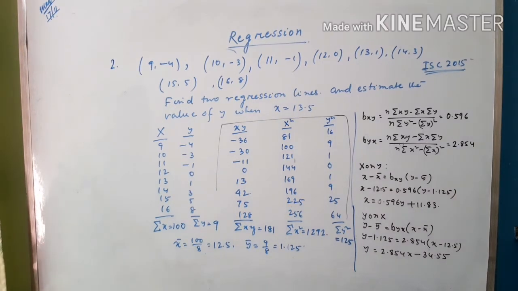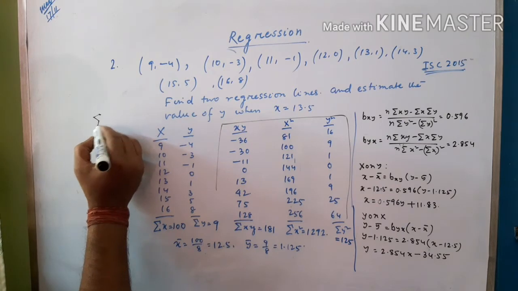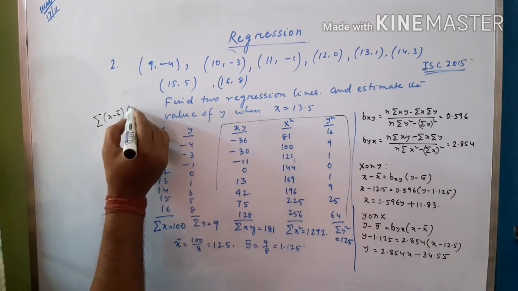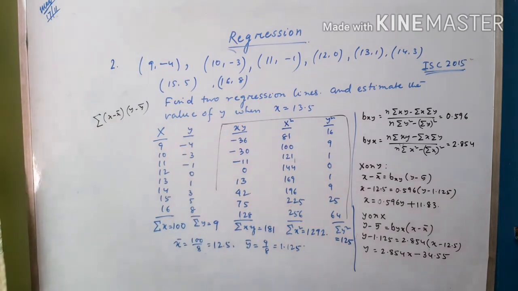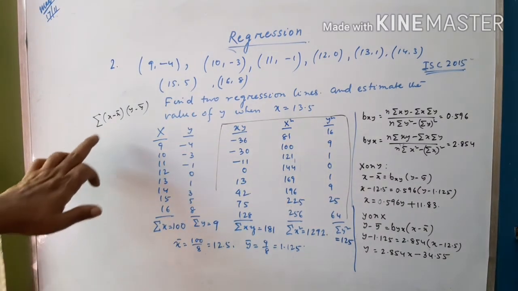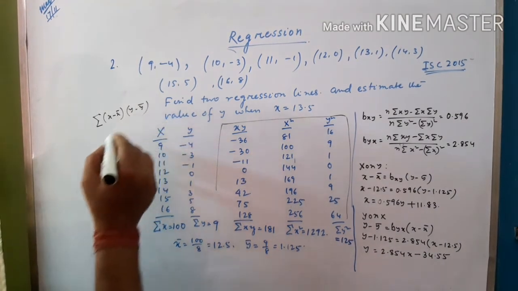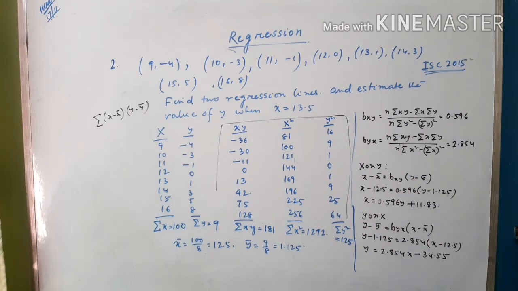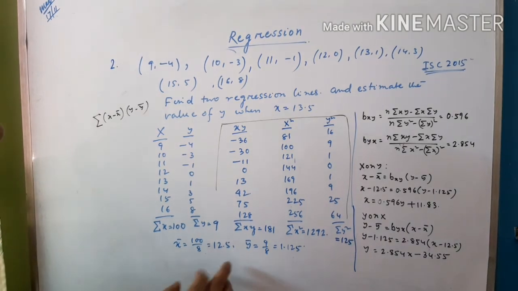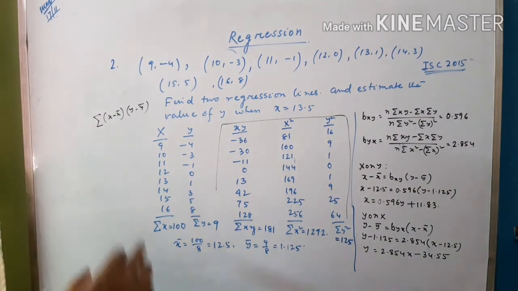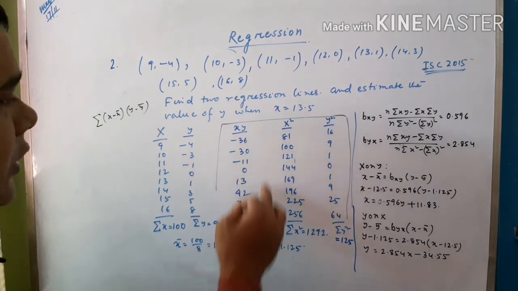So in this case, we also do not use the formula sigma x minus x bar into y minus y bar, because as x bar and y bar are decimal values, if we use this formula, the calculation will not be easy. In each case, it will produce decimals, so the calculation will take time and be much more laborious. So if we find that x bar and y bar are not complete integers, we do not use this formula.